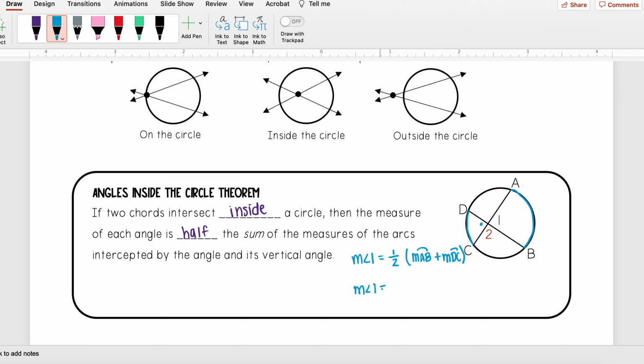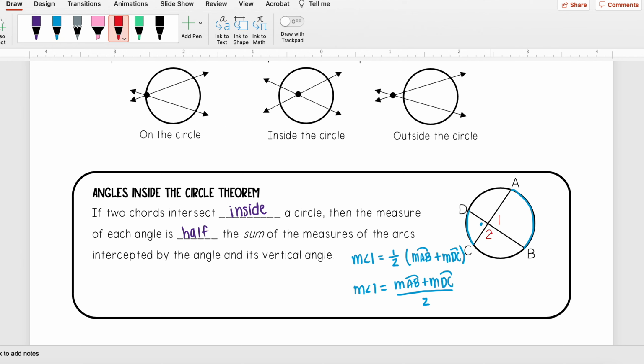And when we're doing these problems, I am going to write this in this format to make it a little bit easier to solve. So measure of arc AB plus measure of arc DC divided by 2.